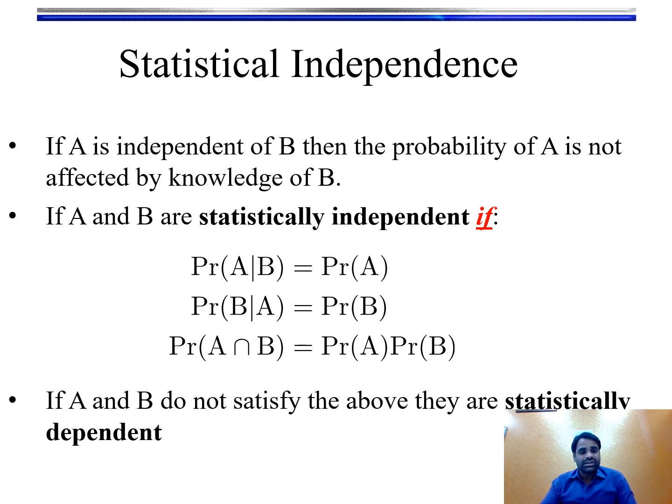That is, the probability of A given B is equal to the probability of event A only. Similarly, the probability of B given A equals the probability of B. And as I said, the probability of A intersection B equals probability of A into probability of B.